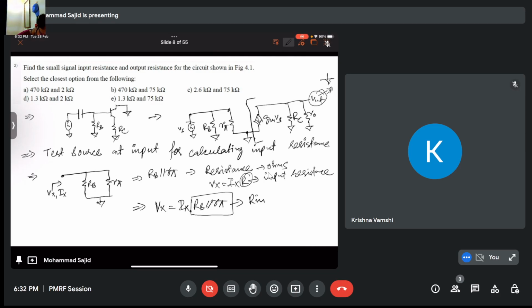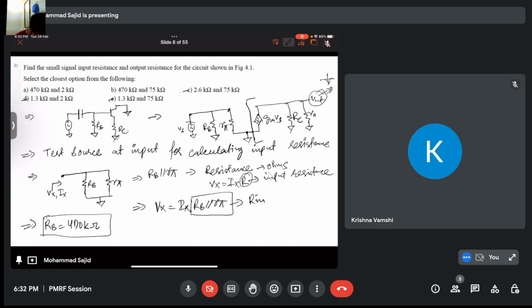Now if we go back to the question, Rb is given to us as 470 kilo ohm. What people may do wrong here is ignore this resistance while drawing the equivalent circuit, and just draw Rb here and ignore R pi. But if, let's say, this is an objective-oriented paper, you will just ignore these three options, right?